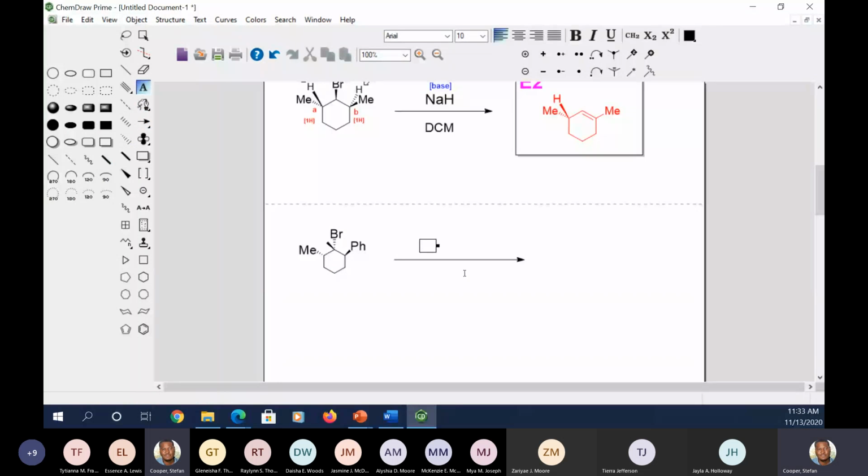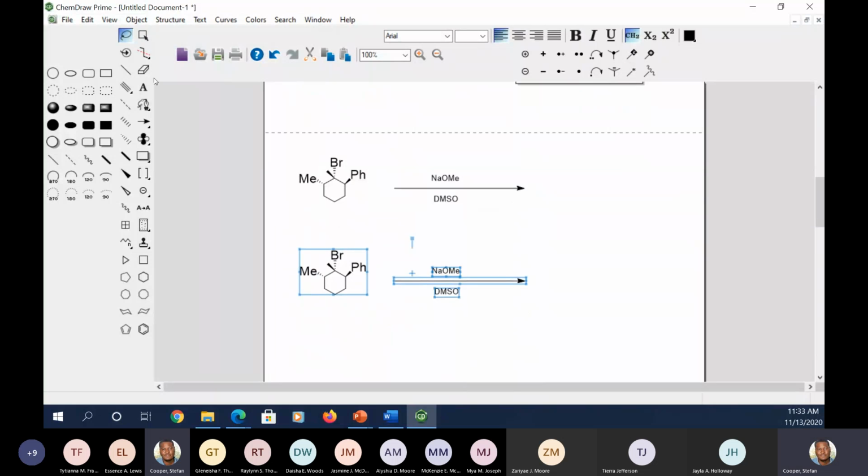I'm going to react it with sodium methoxide and DMSO. I'll take the same compound and react it with sodium methoxide and water.